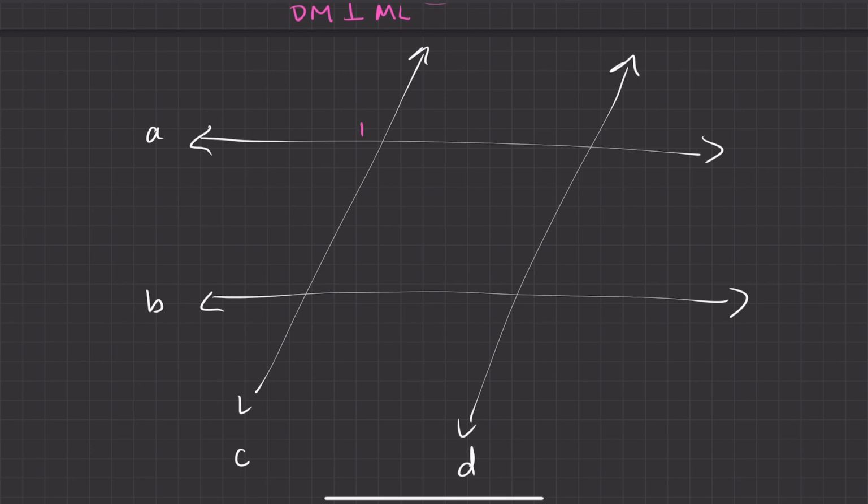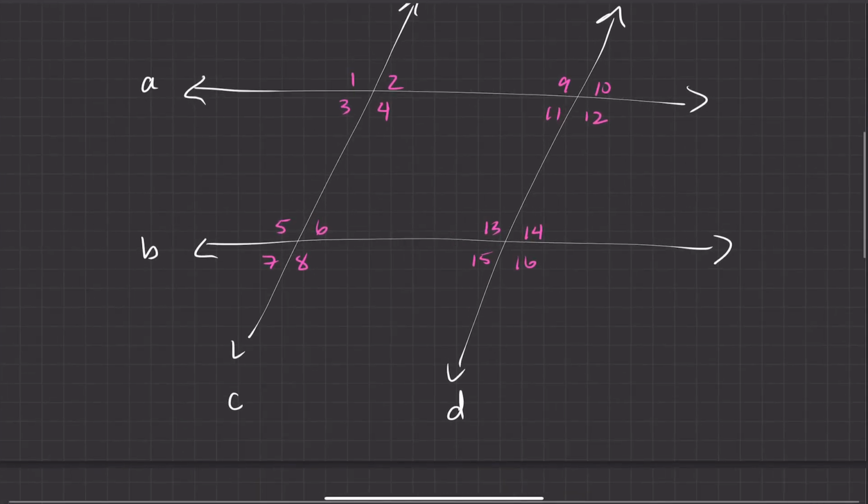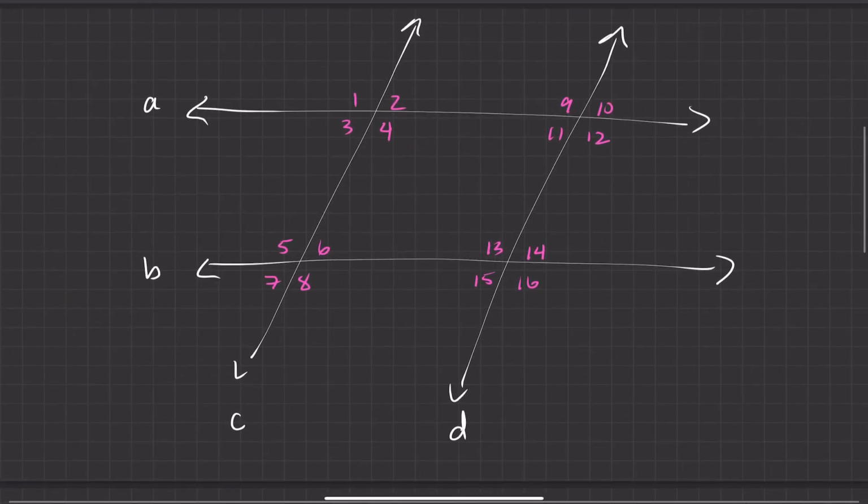This is angle 1, angle 2, angle 3, angle 4, angle 5, angle 6, angle 7, angle 8, angle 9, angle 10, angle 11, angle 12, angle 13, angle 14, angle 15, angle 16. Okay, and I'm going to shrink this a bit so I have some room.